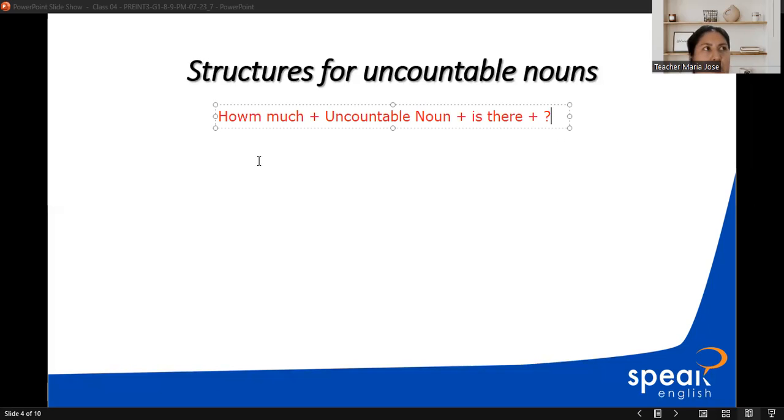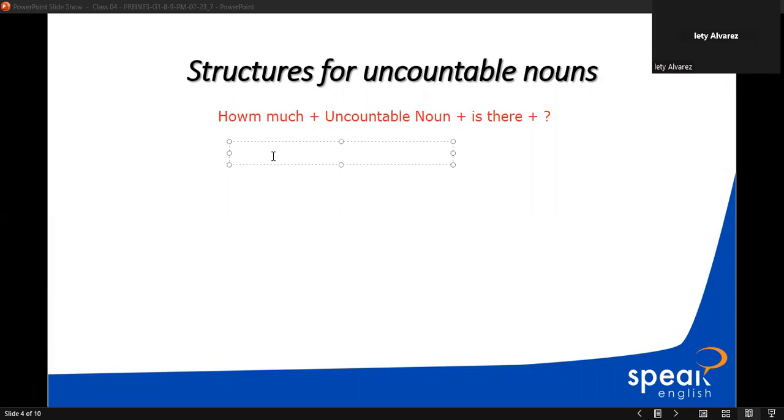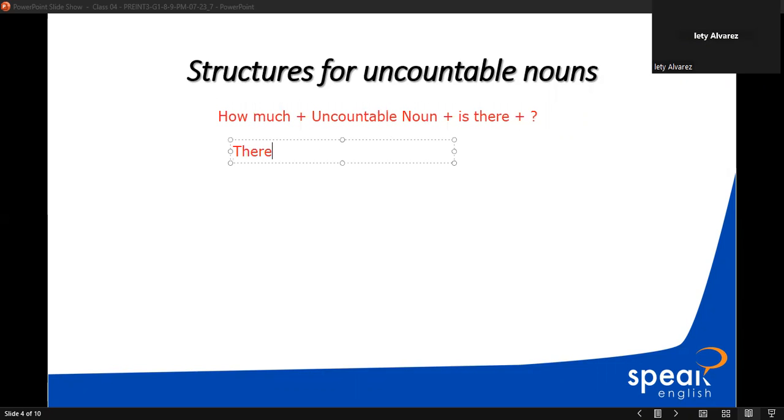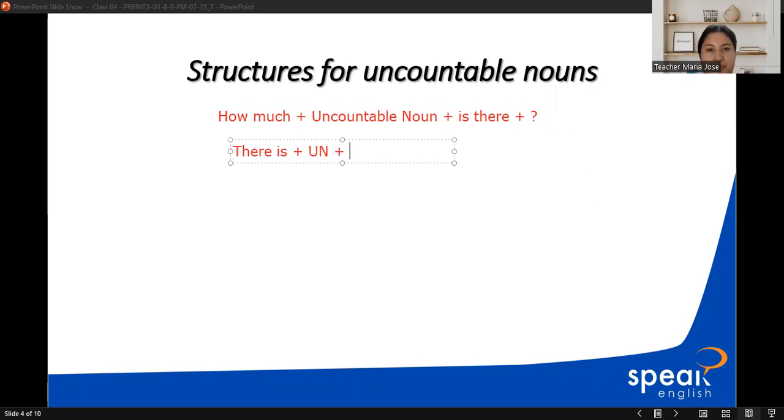Now, what is one of the structures that I have for the sentences? Can you help me with that? Let me see. Leti? There is plus uncountable nouns plus complement.